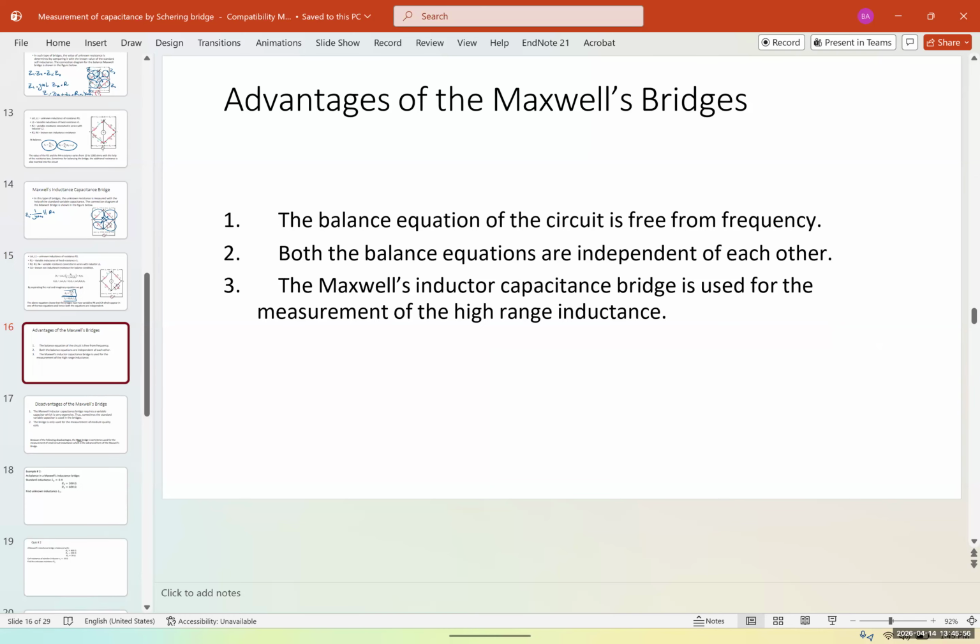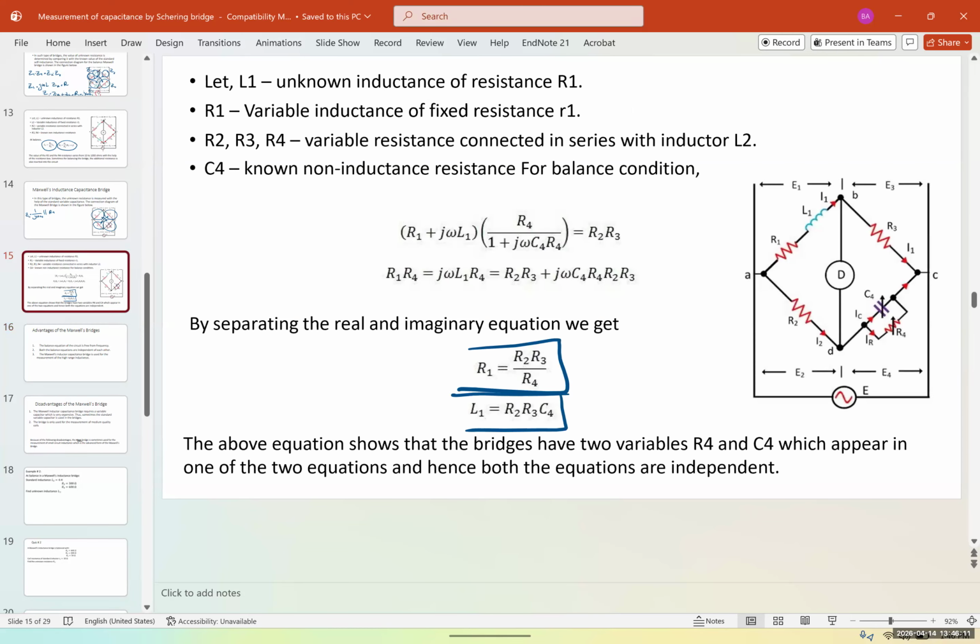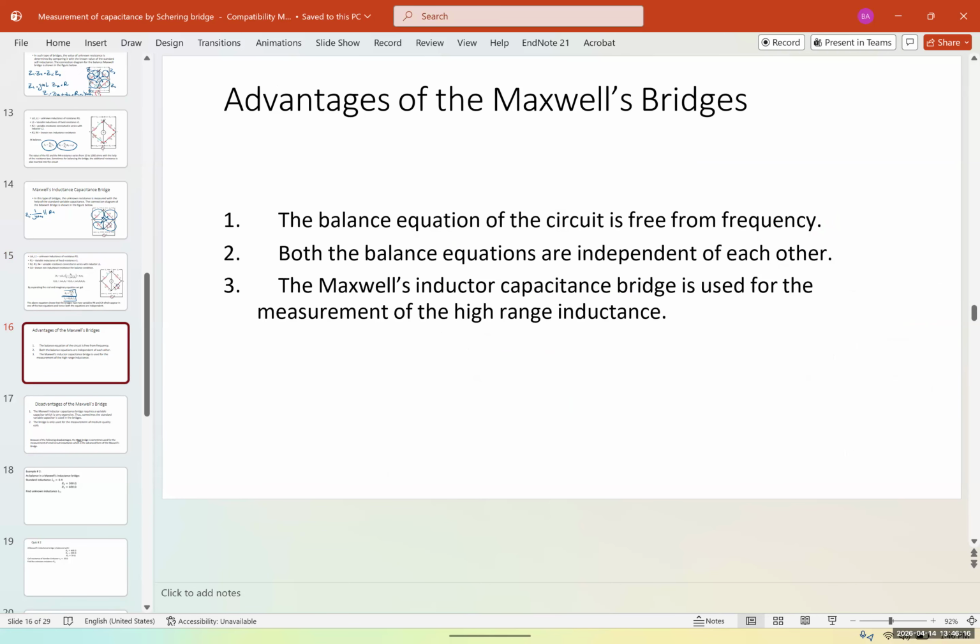But there are advantages and disadvantages of this system as well. For a Maxwell bridge, the advantage is that the balance equation of the circuit is free from frequency. Why? Because these cancel each other out. You can see that the omegas are canceling each other out, and you're left with no omegas. In other words, they are independent from frequency.